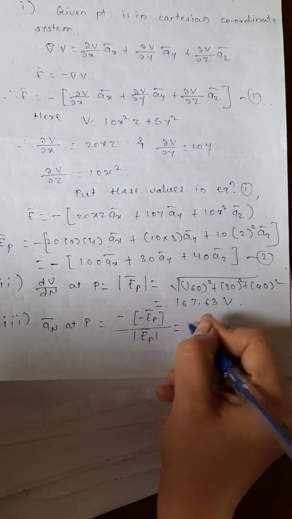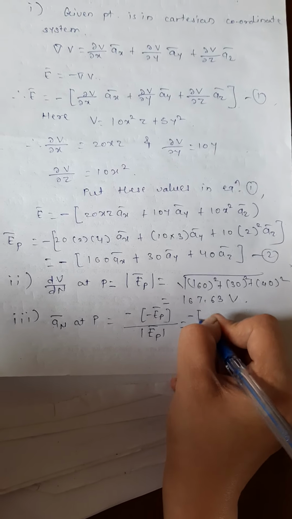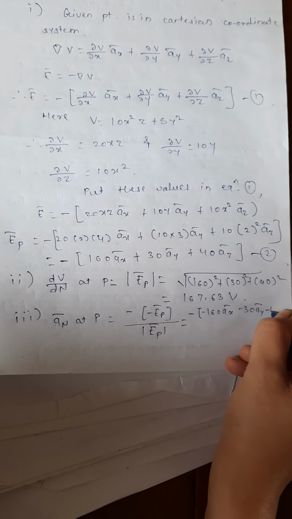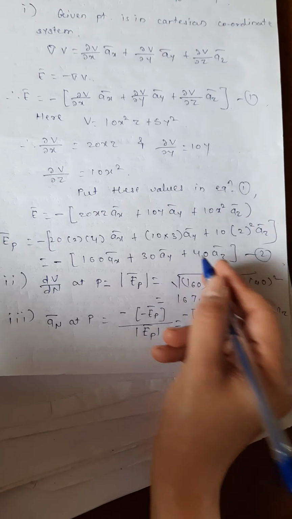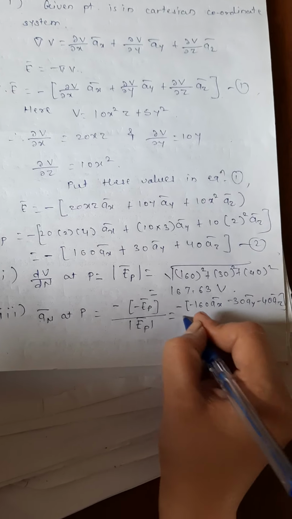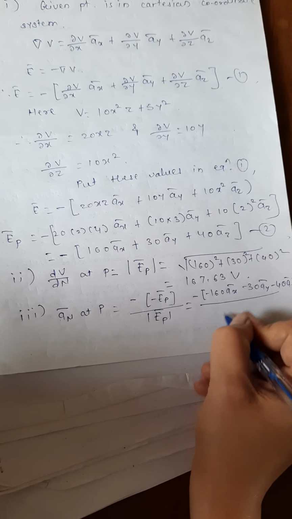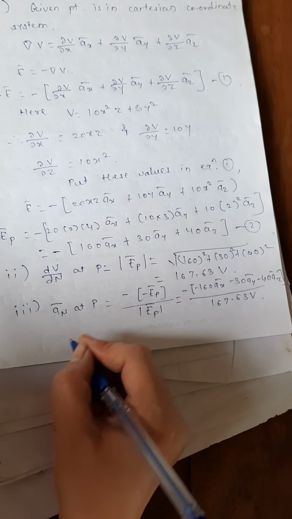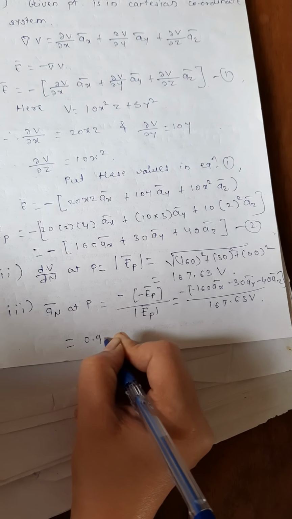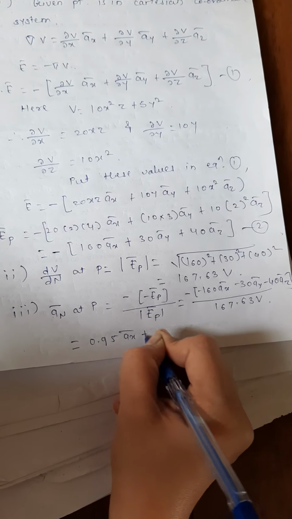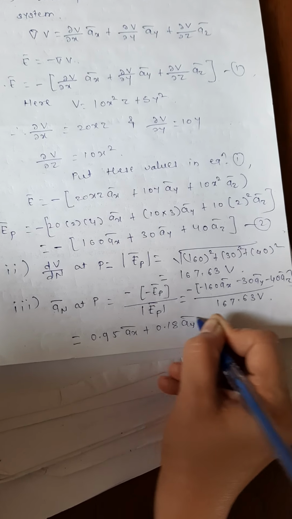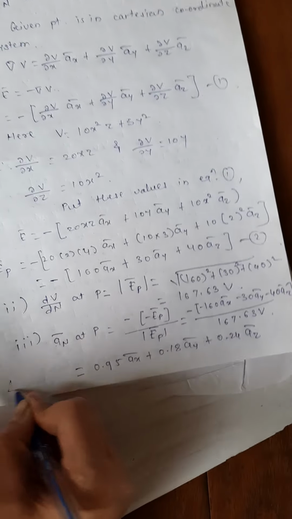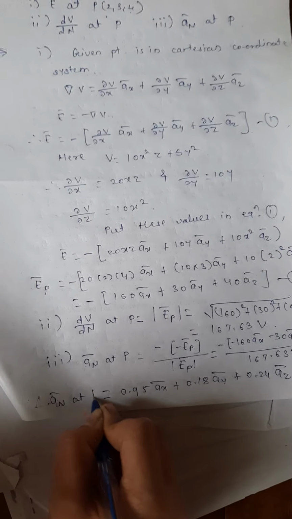So it is minus of the above equation, minus 160 ax bar minus 30 ay bar minus 40 az bar. This minus sign will be inside. The square root of this value is 167.63 volt. Now we divide each term by 167.63. So it is minus 0.95 ax bar plus 0.18 ay bar plus 0.24 az bar. So this is the value of AN bar at point P.